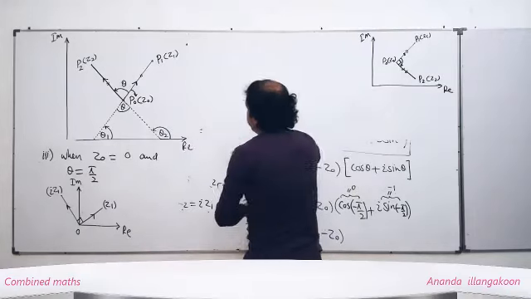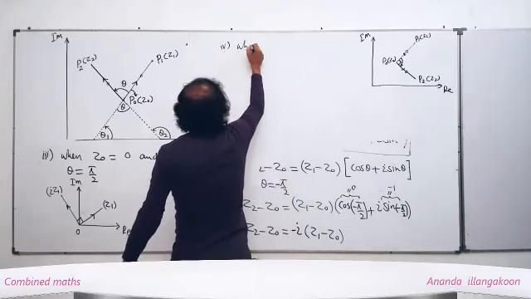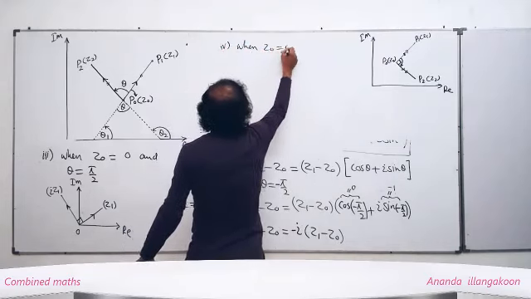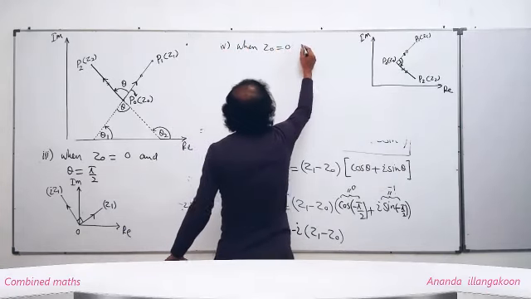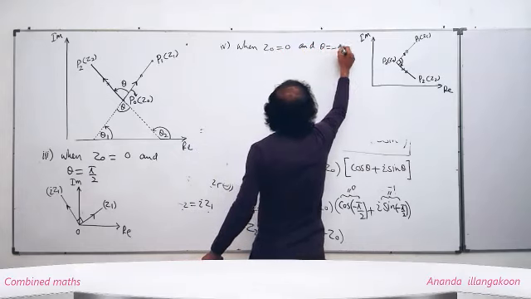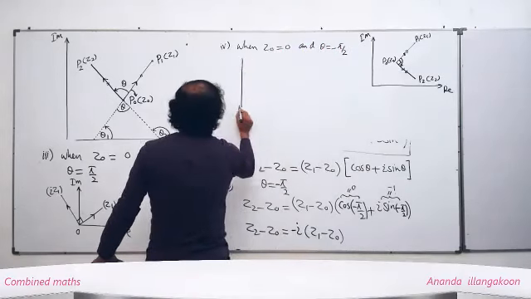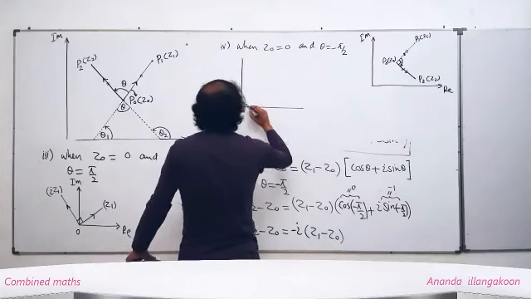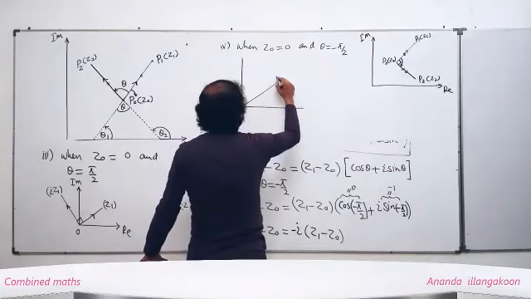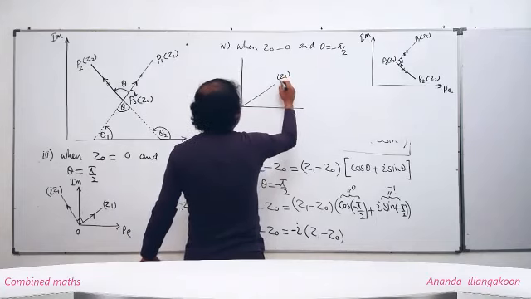Next one, write down. Fourth one: when Z0 equals 0 and theta equals minus pi by 2, then what can you say, people? The line segment which represents the complex number Z1 is this.